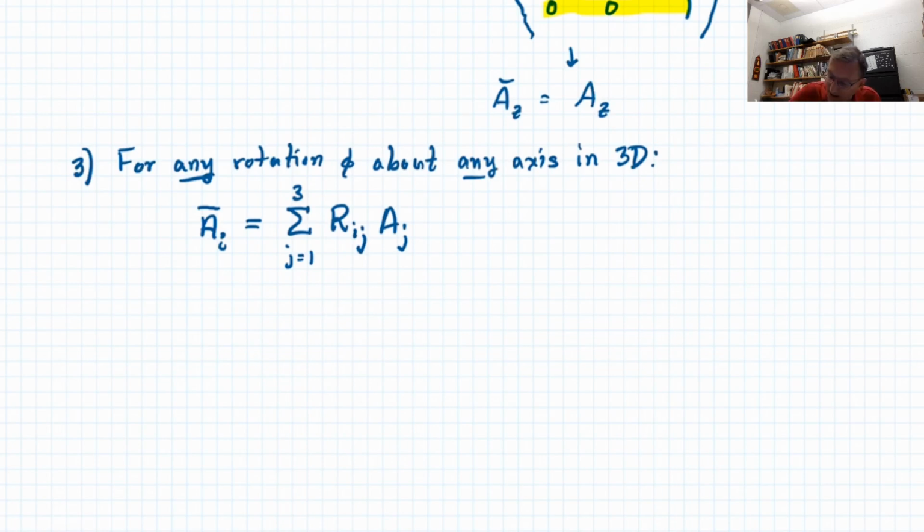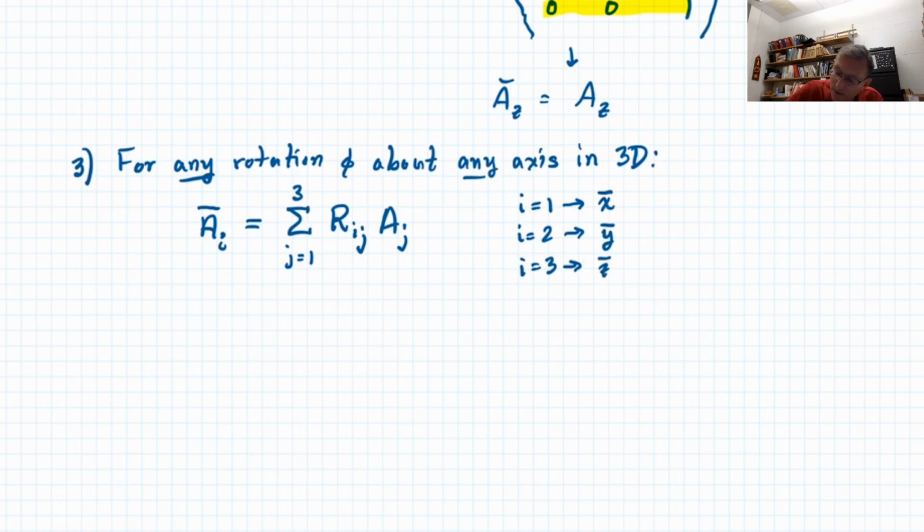You just got to get used to the i and j notation, where you use i and j going from 1 to 3, and what it means is that if i equals 1, you're to think of the subscript as x bar. If i equals 2, then that subscript really represents y bar, and if i equals 3, that represents z bar.